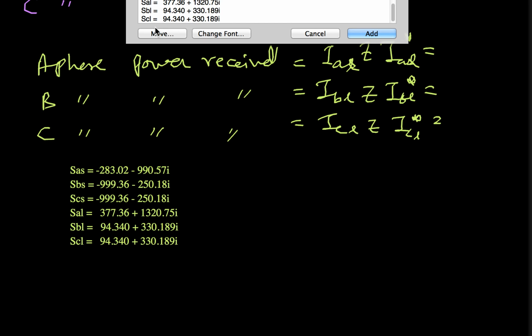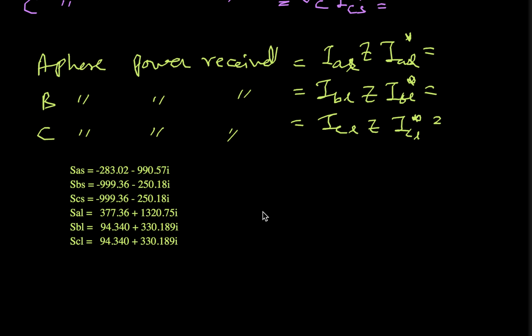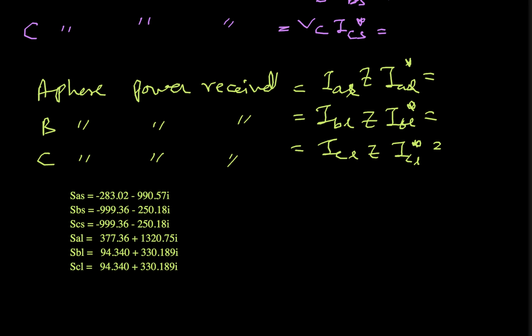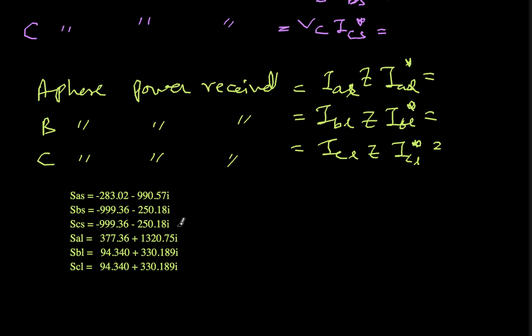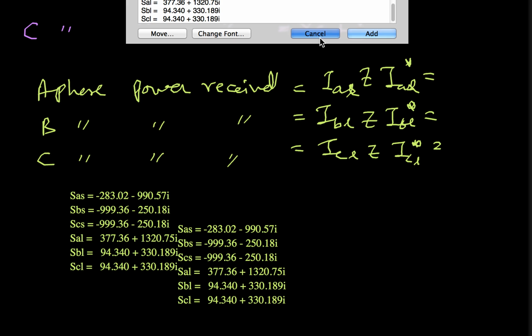Okay. So you notice that for the total power supplied and total power consumed, the power balance should be maintained. But apparently it's not being maintained here. 283, 999 and this. For now I'll just leave it for you to check.